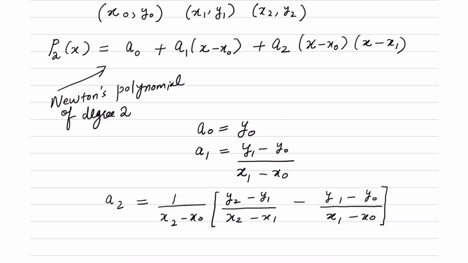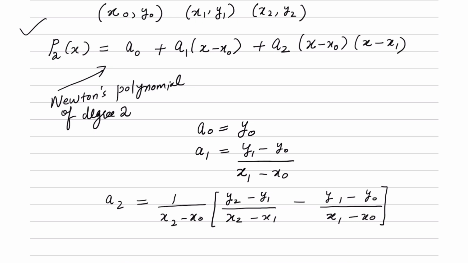Okay, so we have Newton's polynomial of degree 2, which is p2 of x. Newton's polynomial involves a's, a0, a1, a2. These are unknowns, but in the last video we found these unknowns a0, a1, a2 as described here. Now we have to write this Newton's polynomial of degree 2 in the form of divided difference operator.